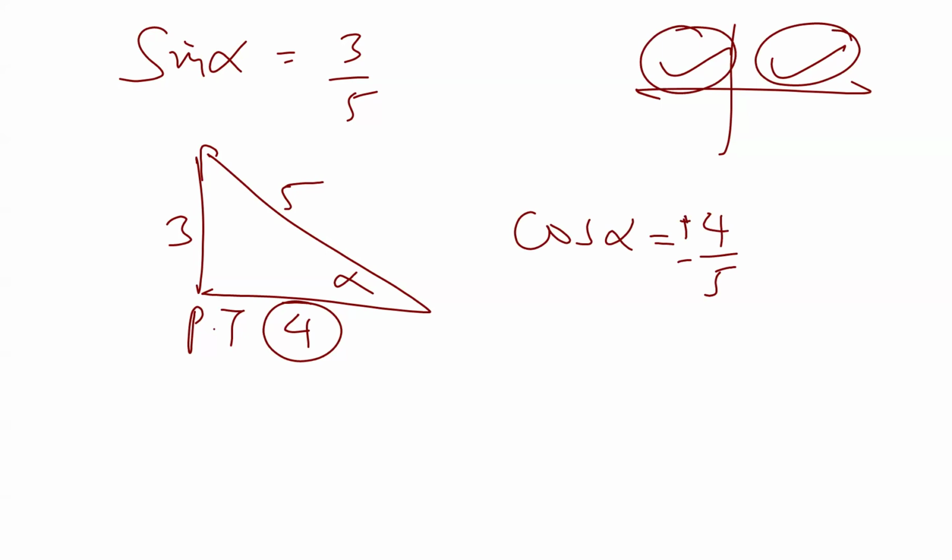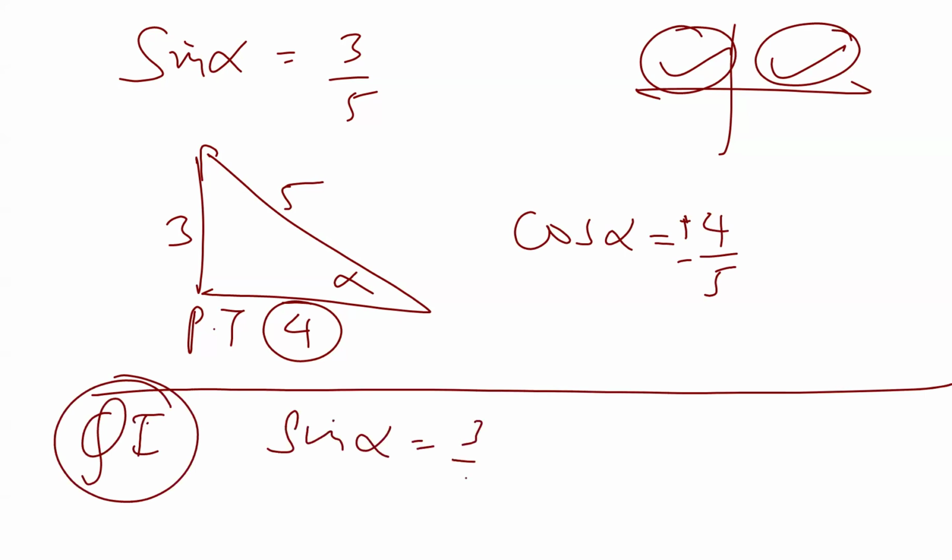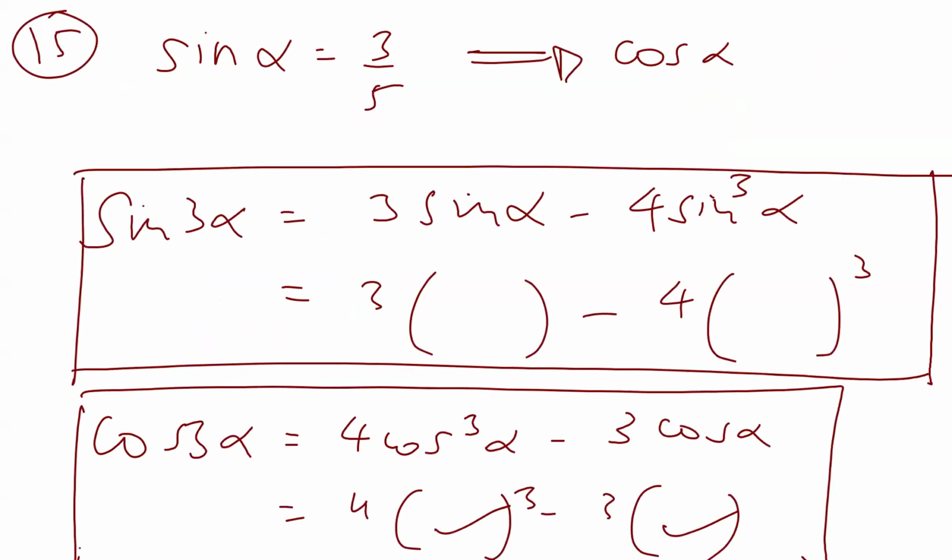In solution number 1, you'll have only quadrant number 1, where sine alpha is equal to 3 by 5 and cos alpha is equal to 4 by 5. Now these values you can put in this formula, sine 3 alpha and cos 3 alpha, and tan 3 alpha is sine 3 alpha upon cos 3 alpha.